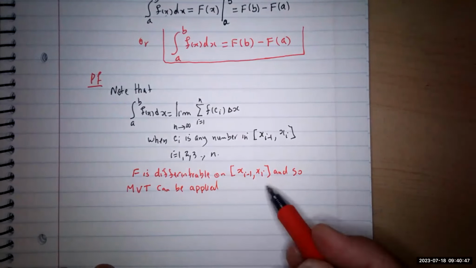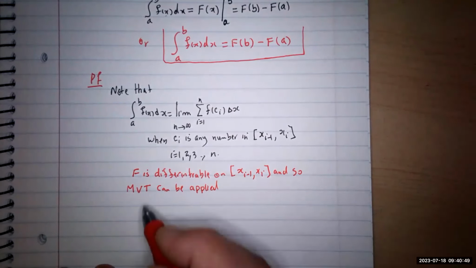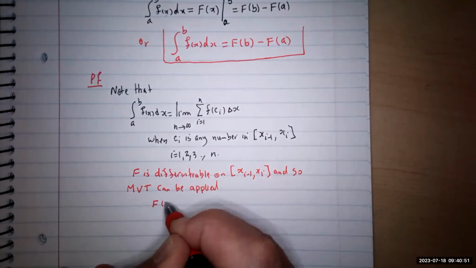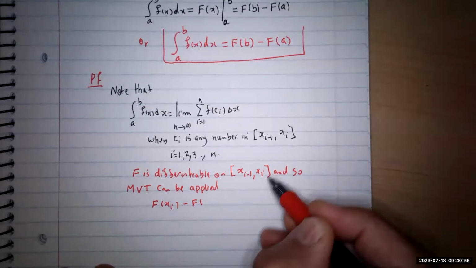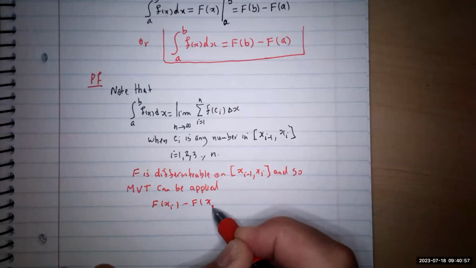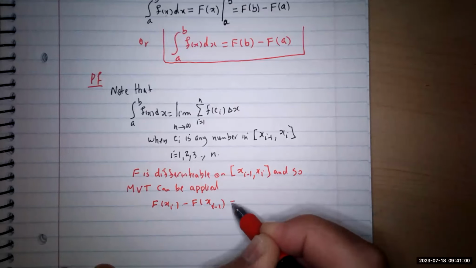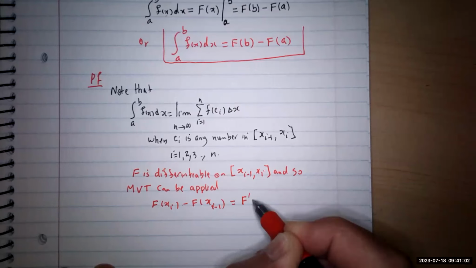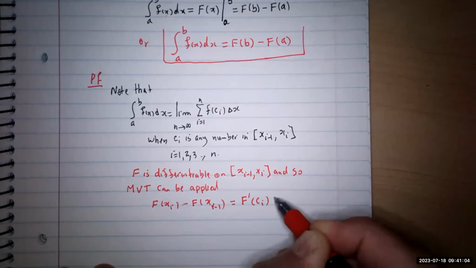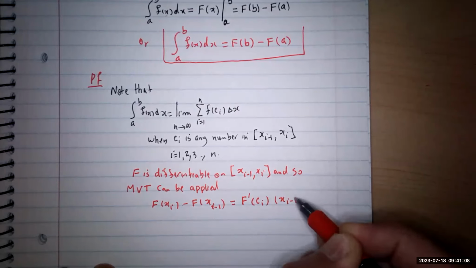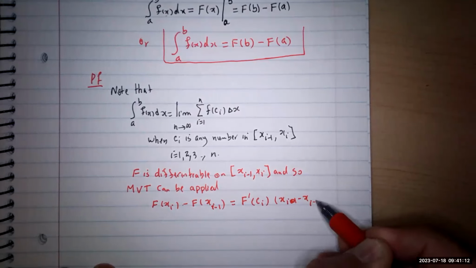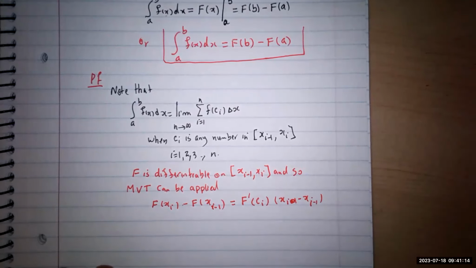So what is that? Remember, f of b minus f of a is going to be f of x sub i minus f of x sub i minus 1, equal to f prime of ci times x sub i minus x sub i minus 1. That's the mean value theorem.